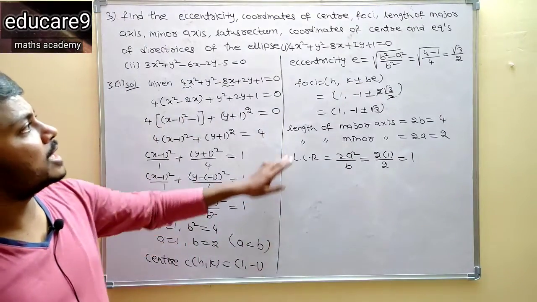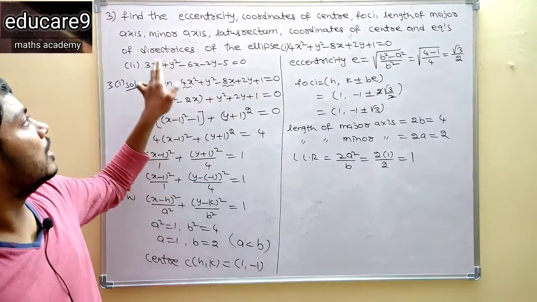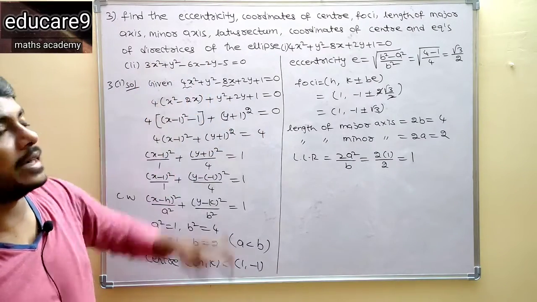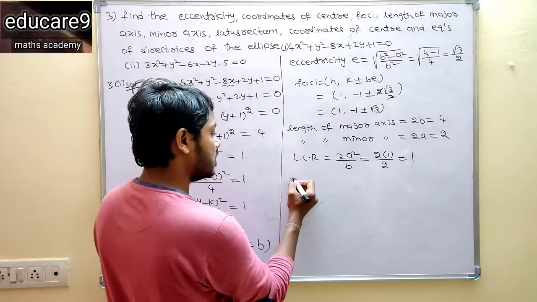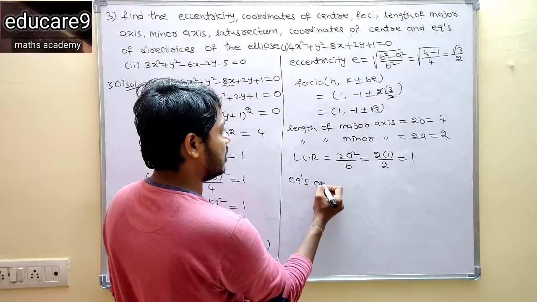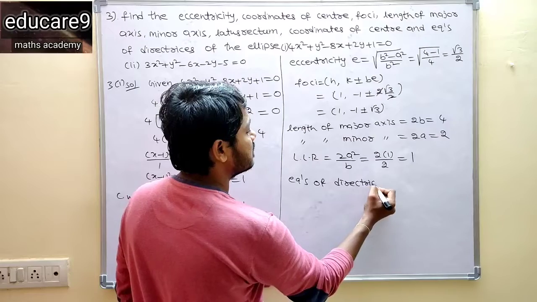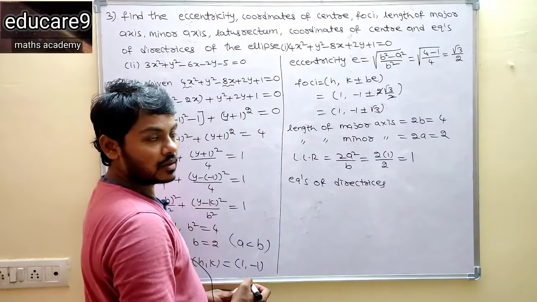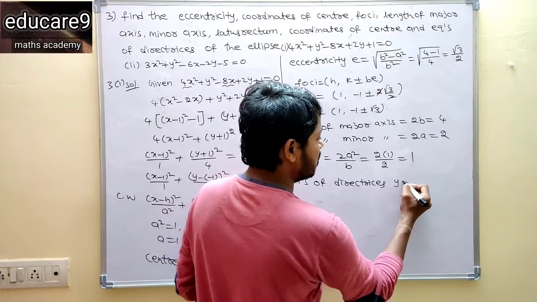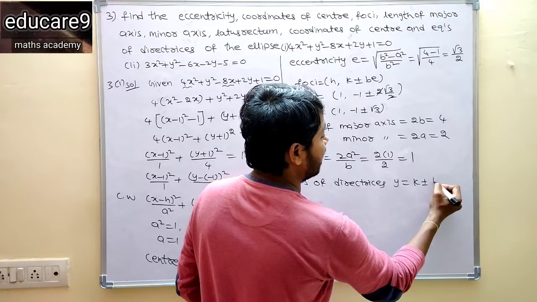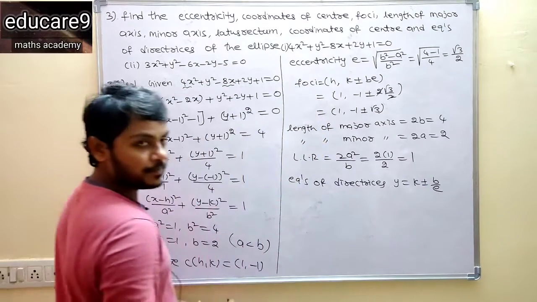So next, coordinates of the center, and also equations of the directrix. See here, equations of directrix. That formula is what? y is equal to k plus or minus b by e.